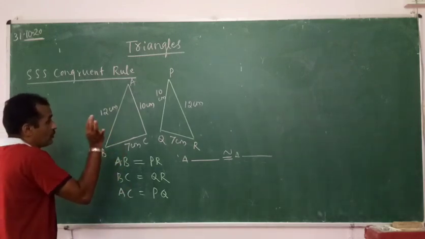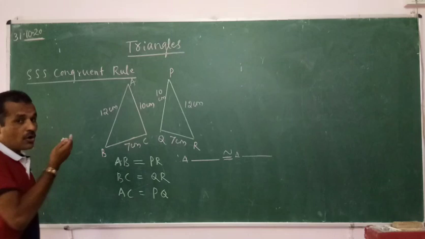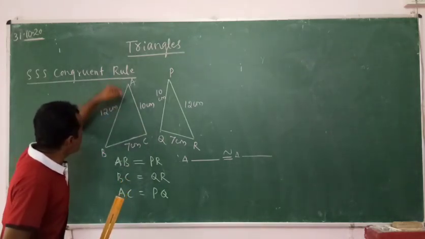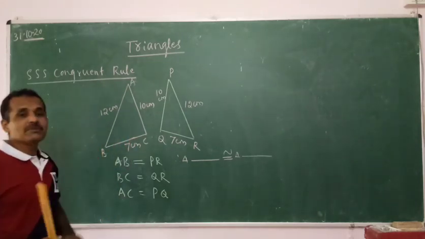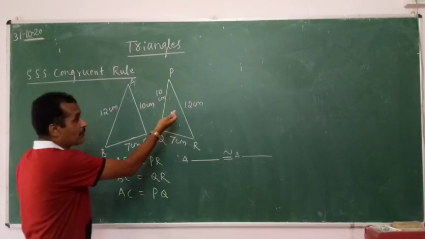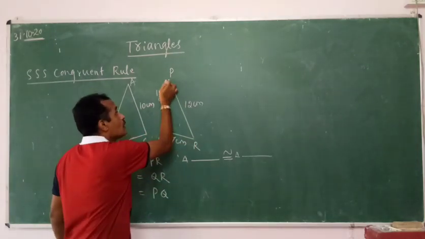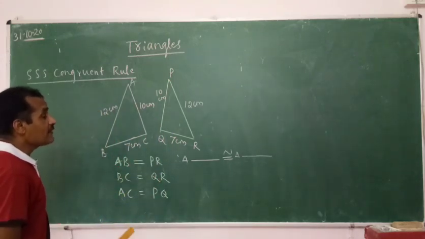See, what I will do, if I write A, B, C, the order of alphabet, A, B, C means from 12 centimeter to 7 centimeter. Same thing you apply here. See, if you start from here 12 centimeter, you are going to 10 centimeter. But I want 12 centimeter to 7 centimeter.